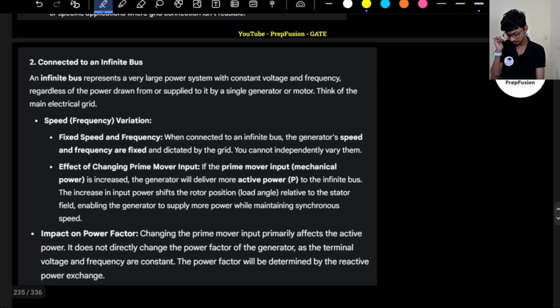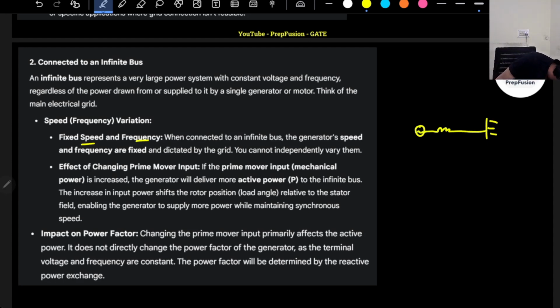Now if I change the prime mover input, of course I cannot change the speed and frequency because it is connected to an infinite bus.